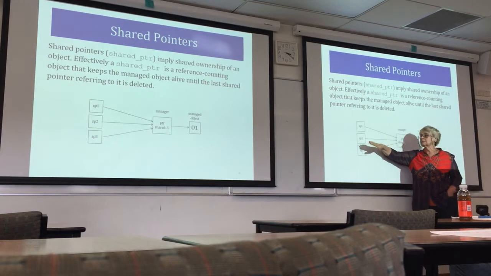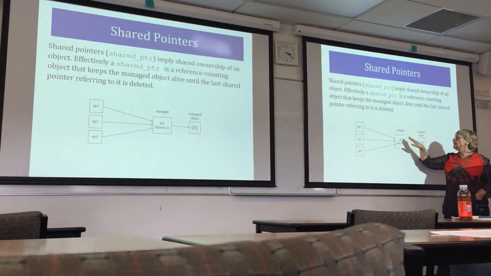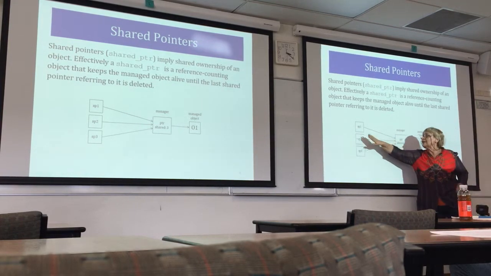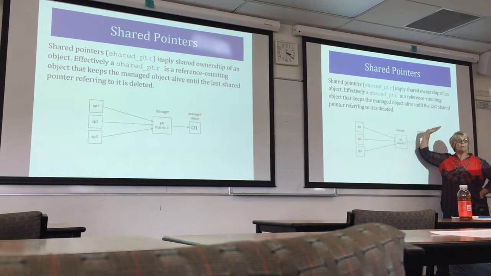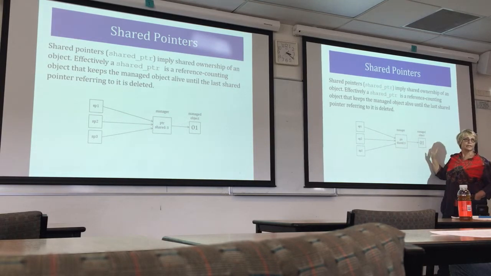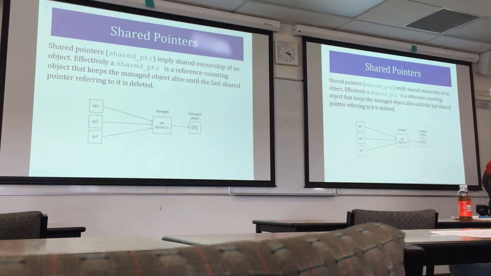When the next one goes out of scope, this manager object data member, which keeps track of current share pointers pointing, decreases to 1. And when this last one goes out of scope, the reference count goes to 0. When the reference count goes to 0, the object is released to the system.